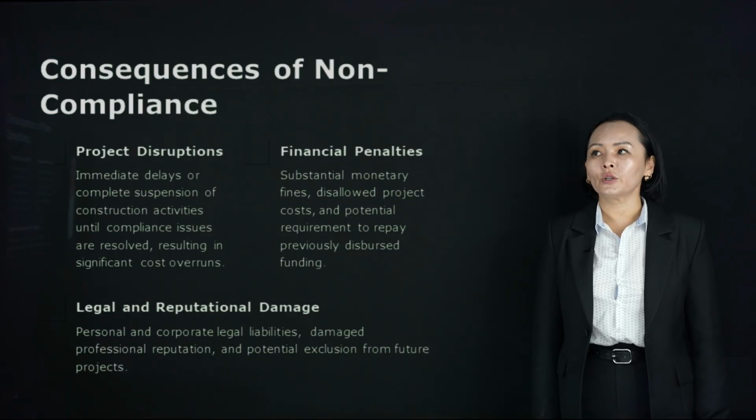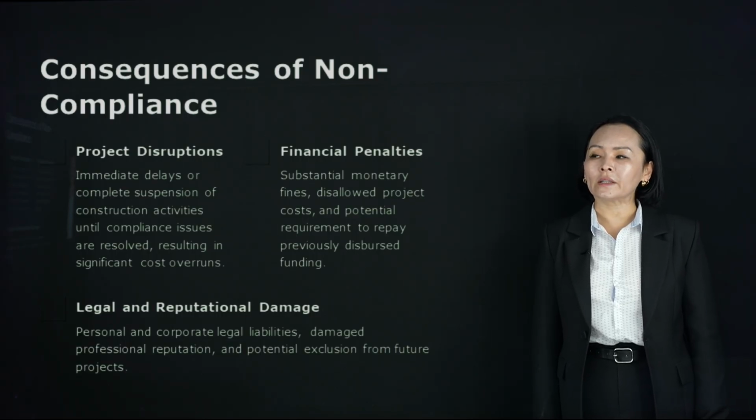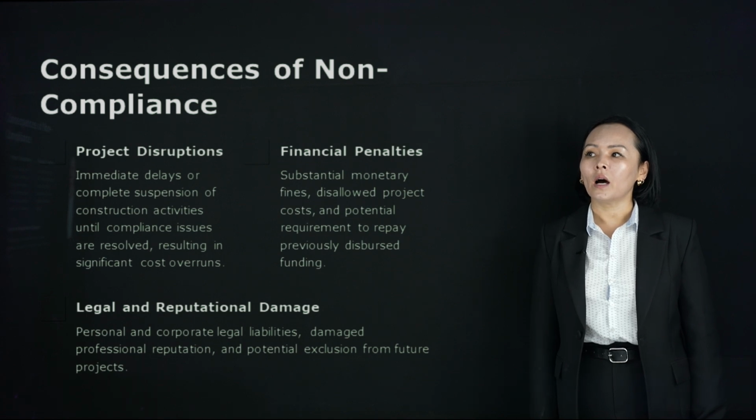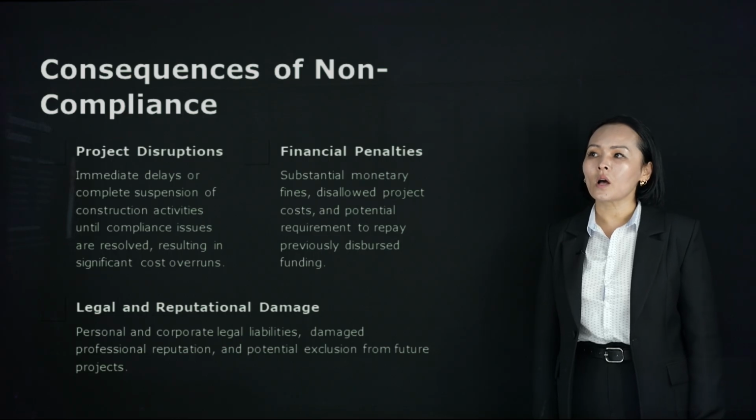In this picture you can see the consequences of non-compliance, which include four steps: project disruption, financial penalties, legal and reputational damage. Immediate orders for complete suspension of construction activities until compliance issues are resolved, resulting in significant cost overruns.